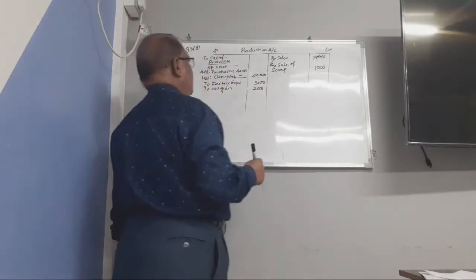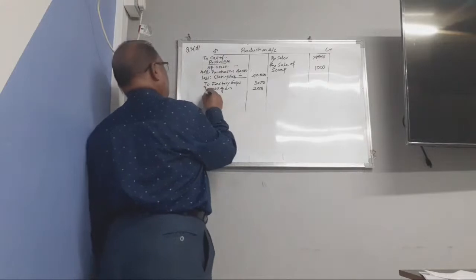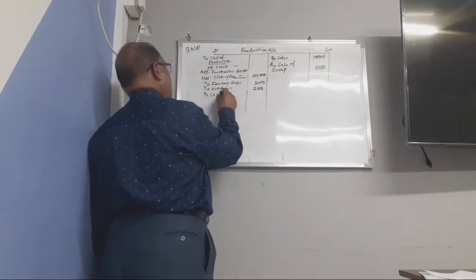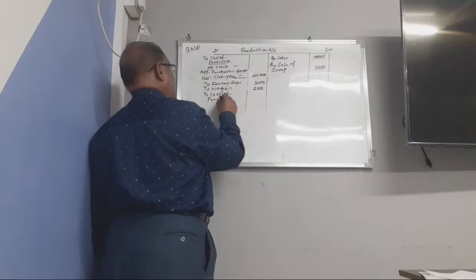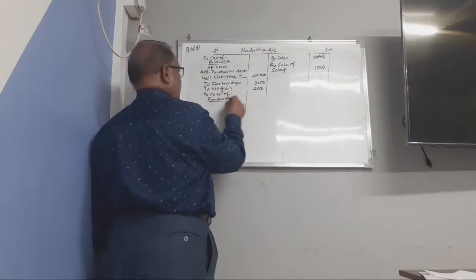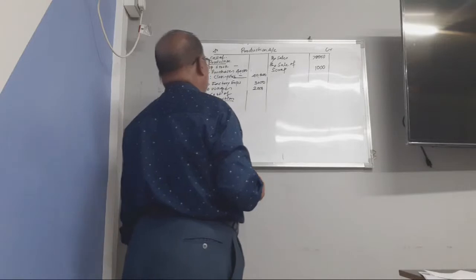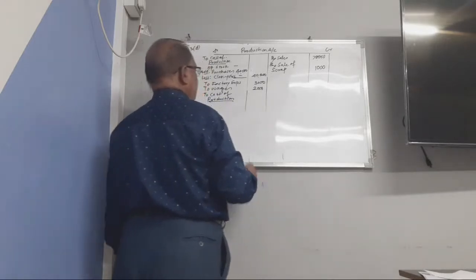Now ascertain the cost of production. That is called cost of production. Material, cost of material, the cost of production. How much do you get here?